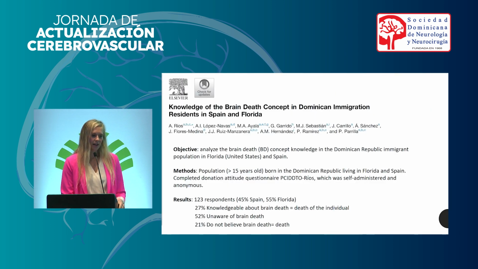So this was a study I found that looked at knowledge of brain death in a group of Dominican immigrants who had moved to Spain and Florida. They looked at whether these people understand what brain death is, using qualified adults defined as those over 15 years old. They had 123 respondents, about half in Spain and half in Florida.